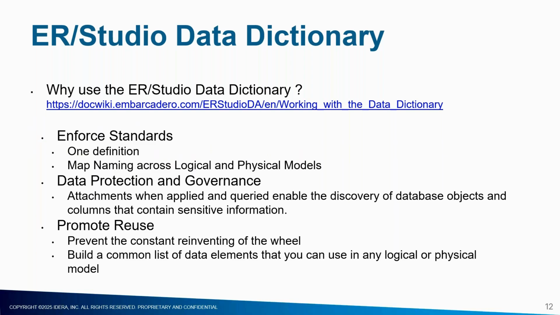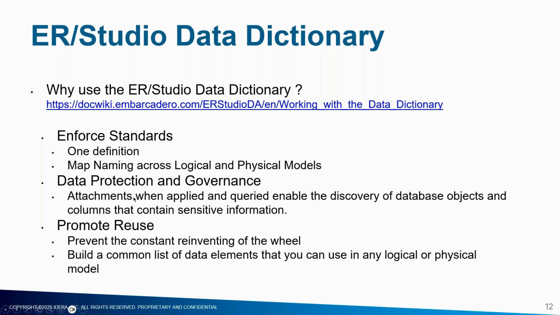But another key thing really is that by using parts of the data dictionary like attachments, when we apply these to different parts of the data model and then subsequently query them or search on them and find them and extract them, that enables us to find different database objects that might, for example, contain sensitive information.